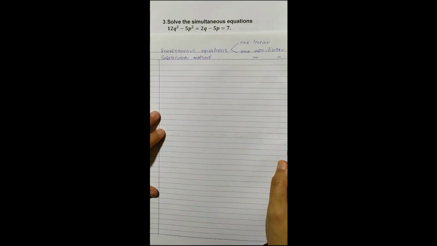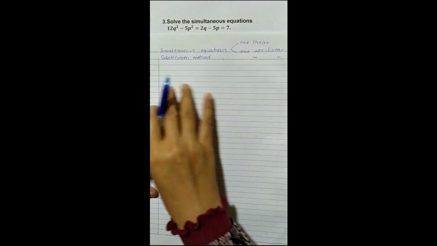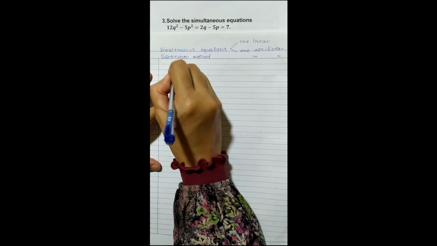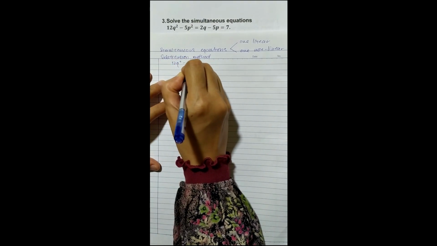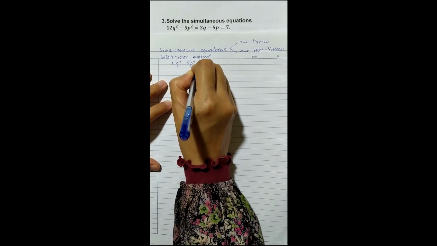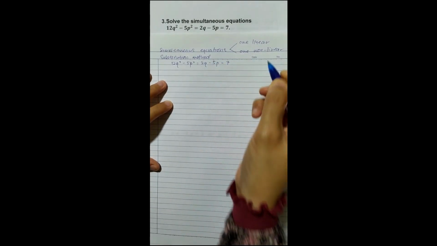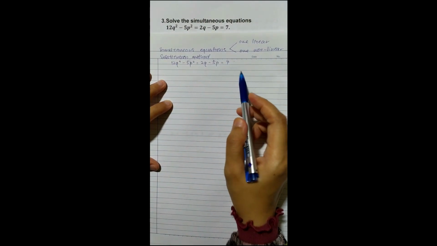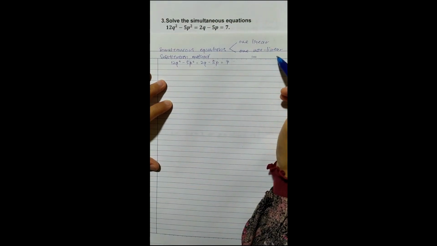This is solving simultaneous equations of one linear and one nonlinear by using the substitution method. This is another example. Let's say we have 12q squared minus 5p squared equals 2q minus 5p equals 7. So we have one straight equation like this. You have to construct these into one linear and one non-linear equation.